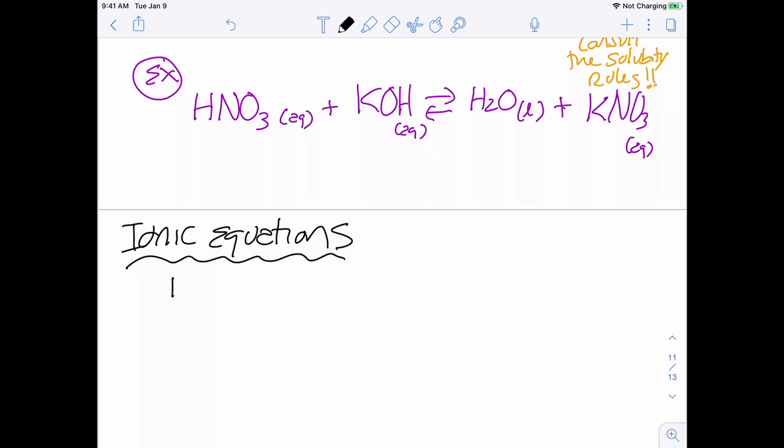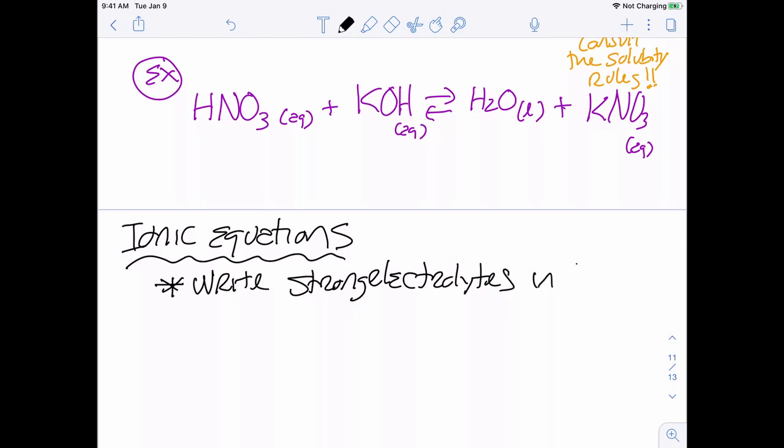So write strong electrolytes, in, let's just say, as ions. Strong electrolytes as ions in their ionic form. So that's going to include our soluble ionic compounds.